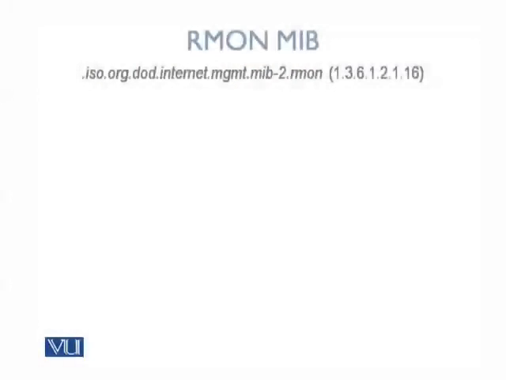Both MIB-2 and the host resources MIB actually are polling information about the equipment. But in many cases, we may want to monitor a network as a whole. And that is where the RMON MIB comes in. So this remote monitoring MIB is actually motivated by the fact that sometimes we want to monitor the overall characteristics of a local area network.